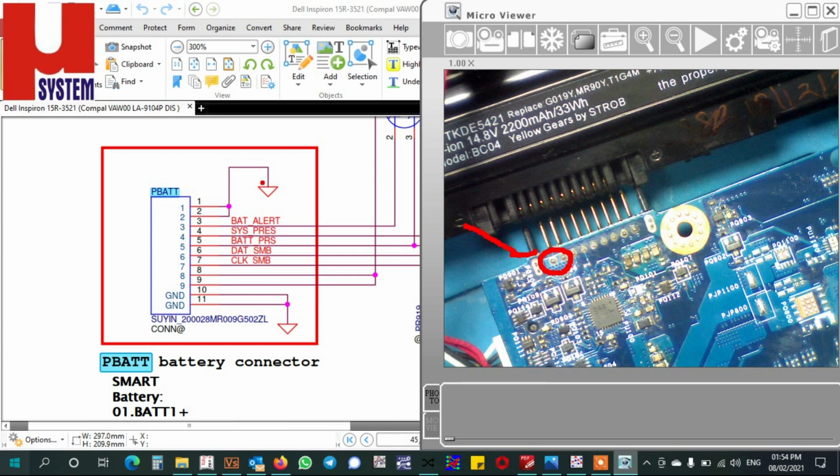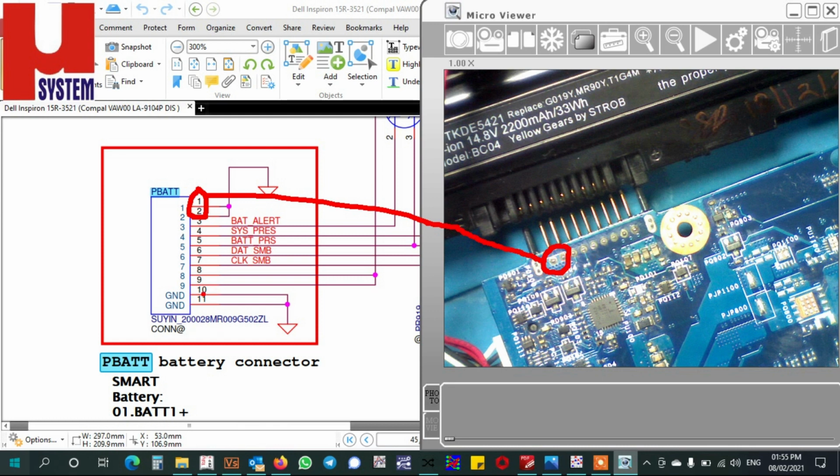So these two, 1 and 2, are ground, and this is connected over here to ground.